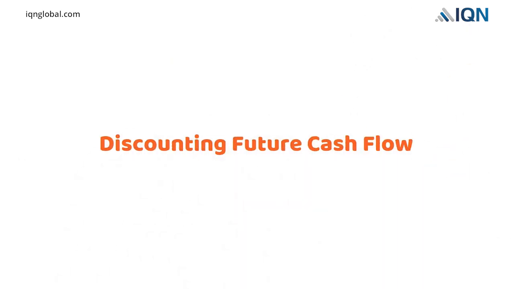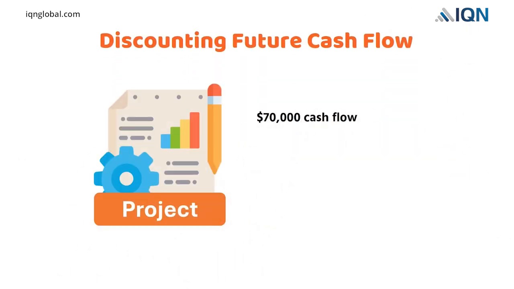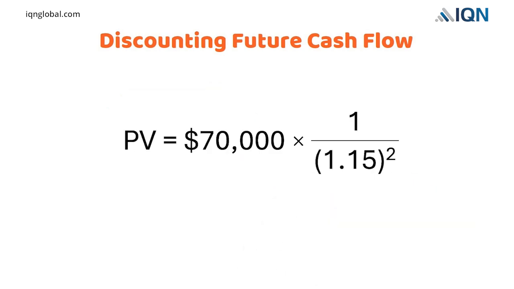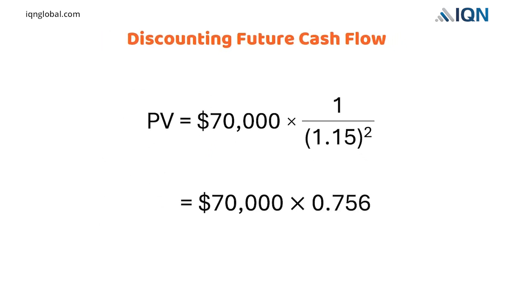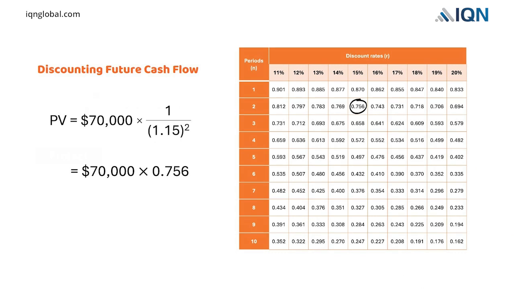Let us take another example of discounting the future cash flow. The project will have a $70,000 cash flow, that is FV, at the end of year 2, that is n. The required rate of return or discount rate, R, for the project is still 15%. So PV is equal to $70,000 multiplied by 1 divided by 1.15 to the power 2. This can be expressed as $70,000 multiplied by 0.756, which is a factor taken from the present value table.